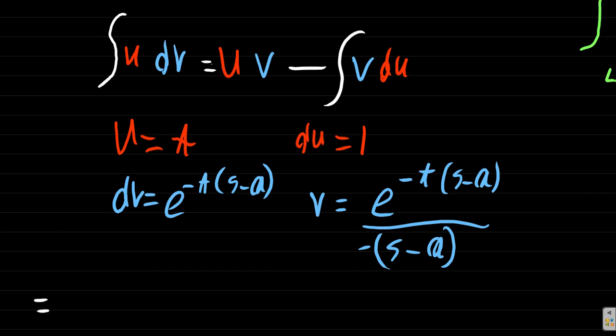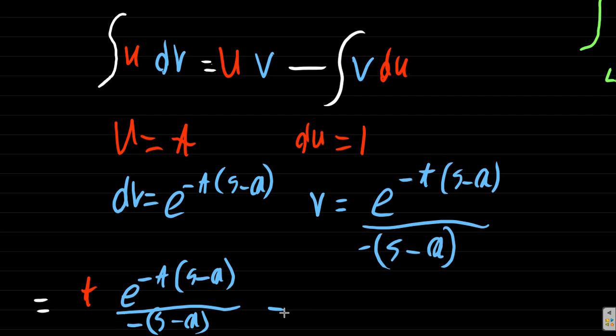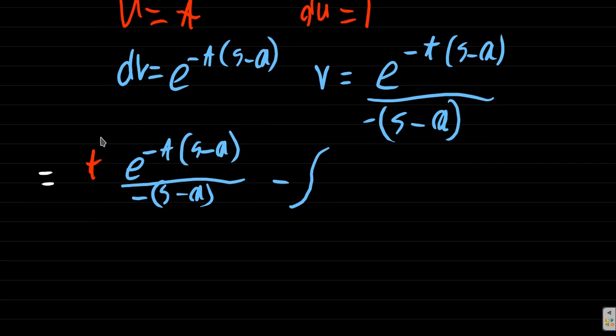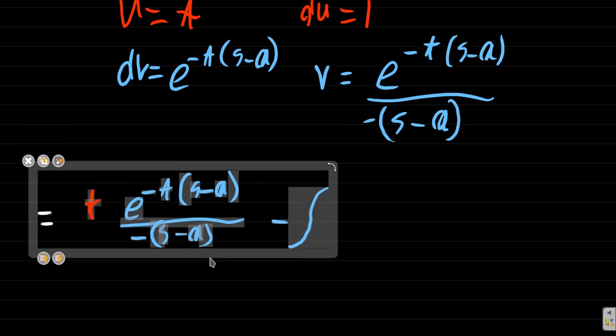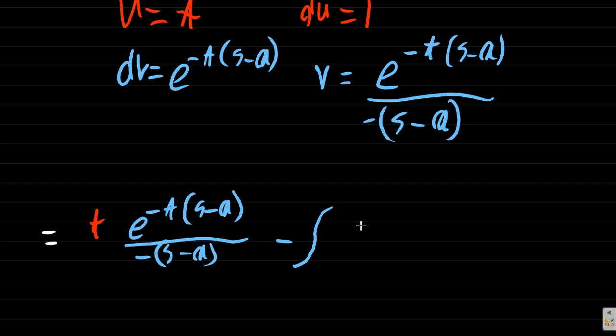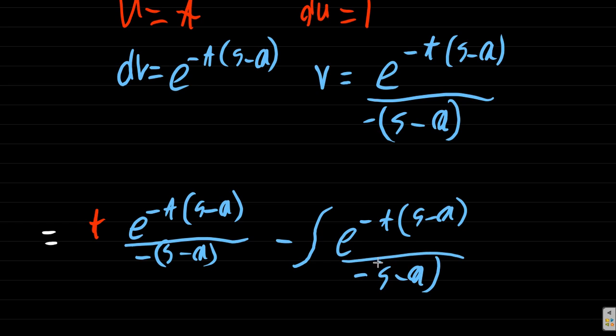So our u, which is t, our v, which is e to the negative t(s minus a) over negative (s minus a), minus the integral of, writing these things too close, let's give them some space, minus the integral of v, which is e to the negative t(s minus a) over negative (s minus a), du, and du was 1, so times 1, and this integral has t as the variable, so it's dt.